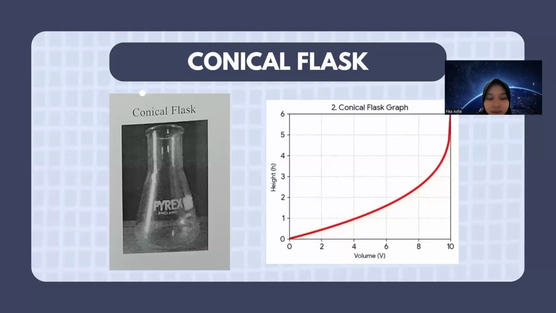Next, second is the conical flask. This container is very wide at the bottom and continuously narrows toward the top. As we add more liquid, the surface area shrinks.